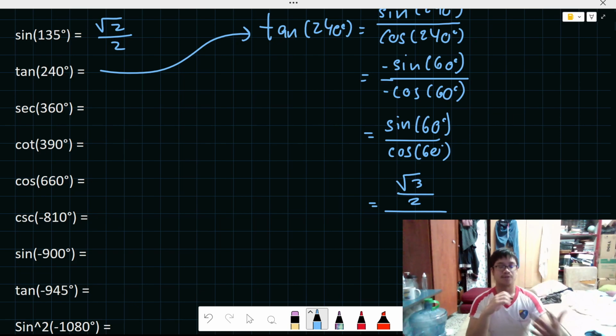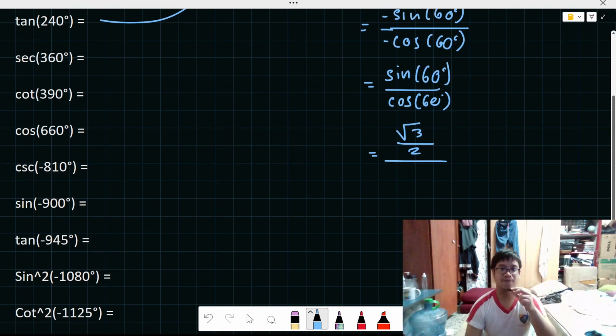So we have 0, 1. Here, 1, your forefinger. We will stop right here because this is where 60 degrees is. So we have 1 for your cosine when you have 60 degrees. Now square root it, it's still 1, and divided by 2, you will have 1 all over 2.